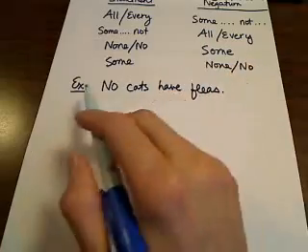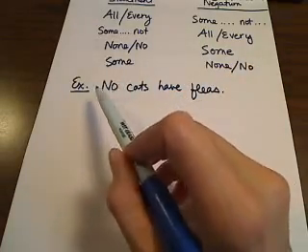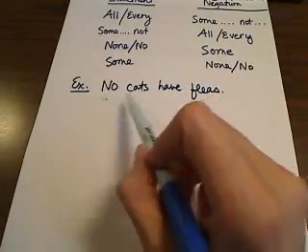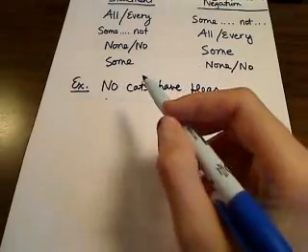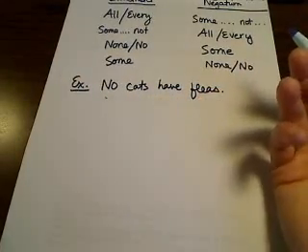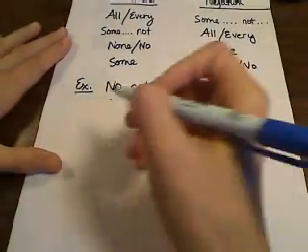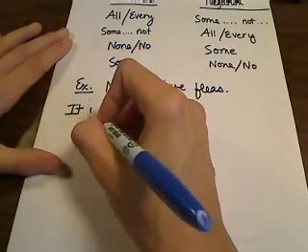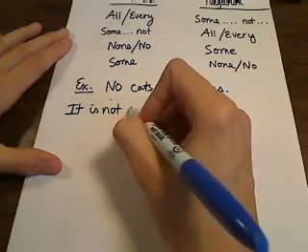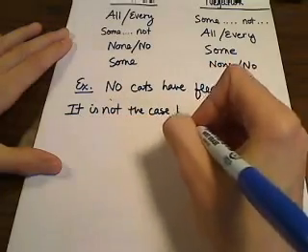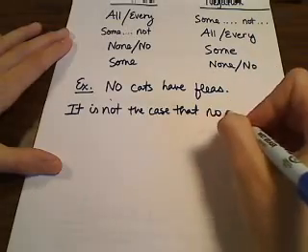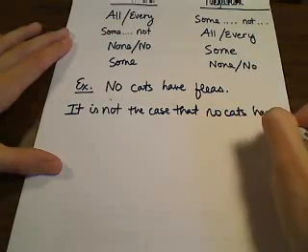Let me say this again. Your intuition to negate no cats have fleas would probably be that all cats have fleas, because if you have none and you want to negate it, most people think all. But what we're trying to show is that it is not the case that no cats have fleas.